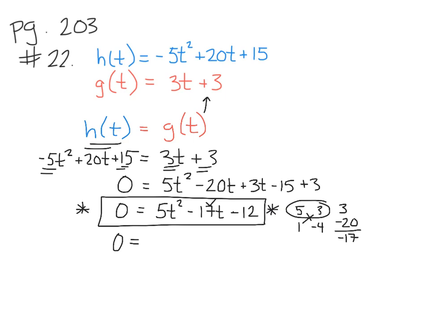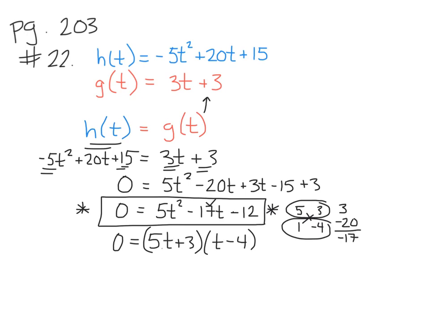So now disregarding the crisscross and reading straight across, I have 5x plus 3 as one of my brackets, and I have 1x minus 4. Now I wrote x's, but I should write t's. So fixing those, I have 5t plus 3 and t minus 4.